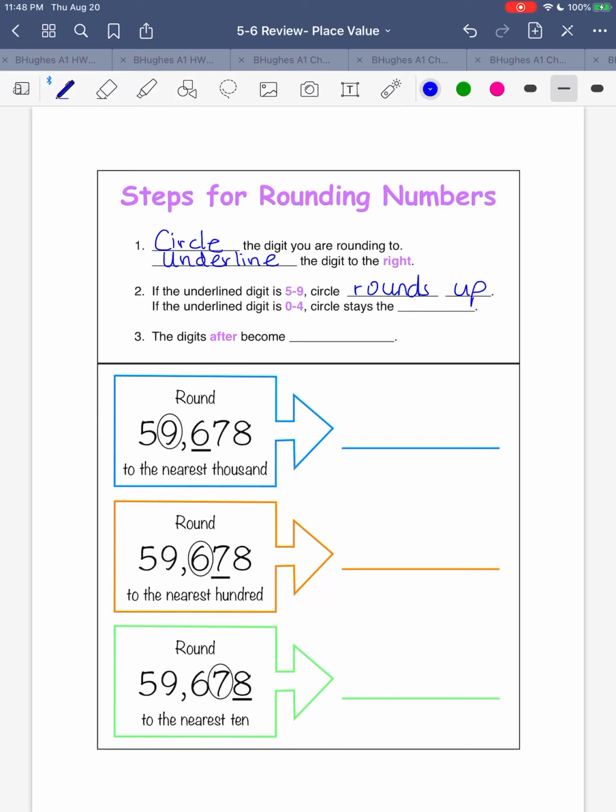If that underlined digit is between 0 and 4, it falls below the midpoint, and the value of the circled digit stays the same. It's just rounding down technically to that 1,000. The digits after the circled place value are going to become zeros, but we'll already know that because we will have already determined the 2 possible choices.